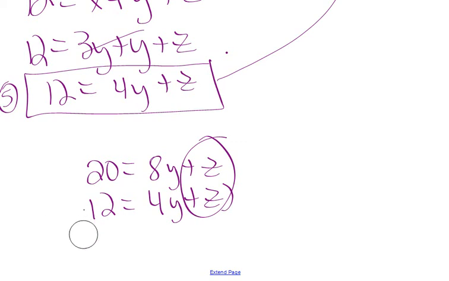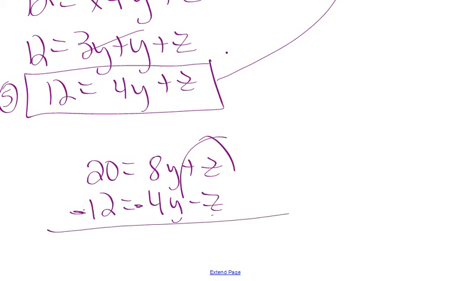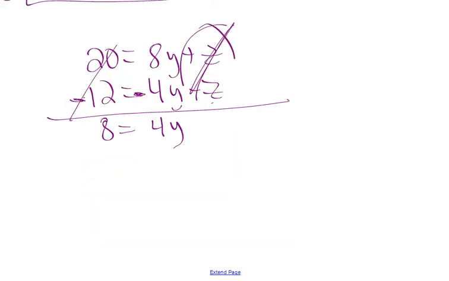It's just going to flip every sign. So let's do that. So you get a negative z minus 4y and minus 12. So when we add these, we're going to have 20 minus 12, which is 8, equals, and now we have 8y minus 4y, which is 4y, and the z's eliminate. So now divide each side by 4, and we get that y equals 2.